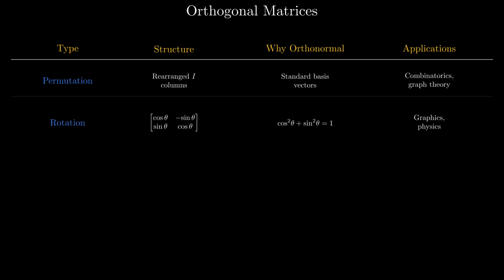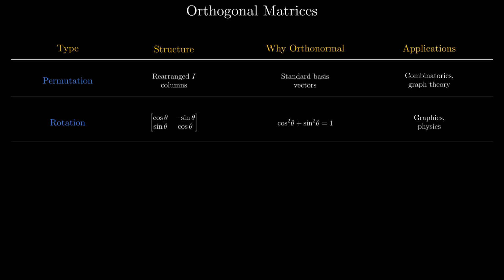Second, rotation matrices. Their structure is the 2x2 matrix with cosine theta and negative sin theta in the first column and sin theta and cosine theta in the second column. They are orthonormal because of the Pythagorean identity, cosine squared theta plus sin squared theta equals 1.